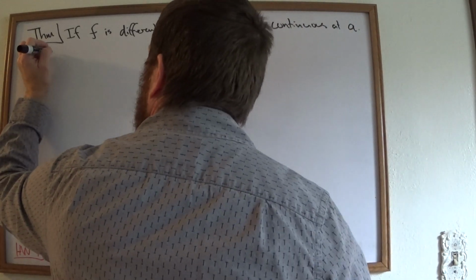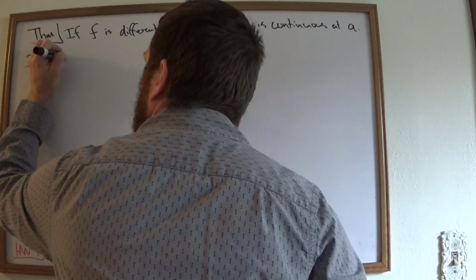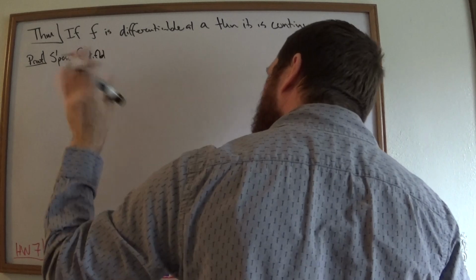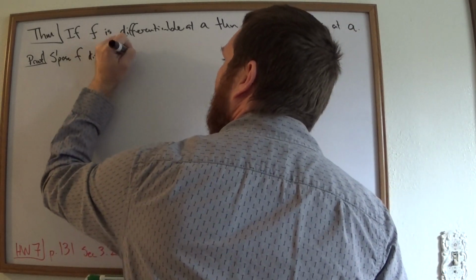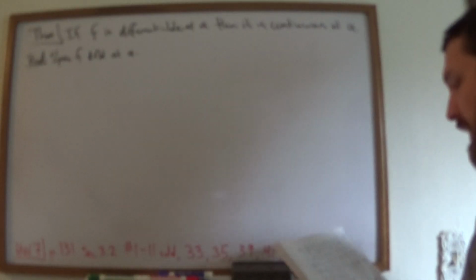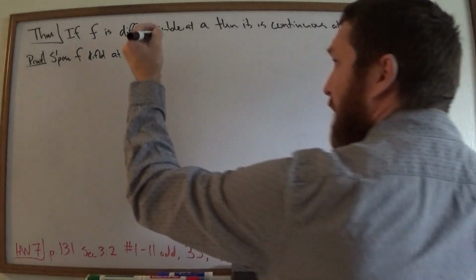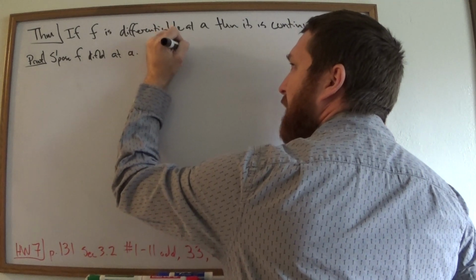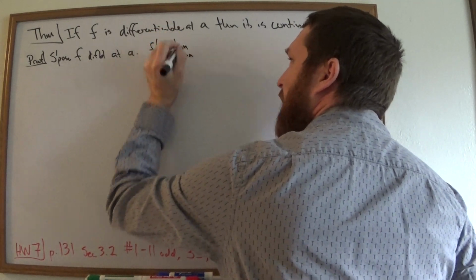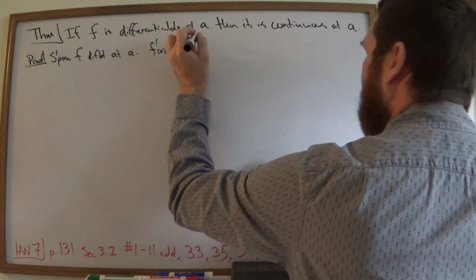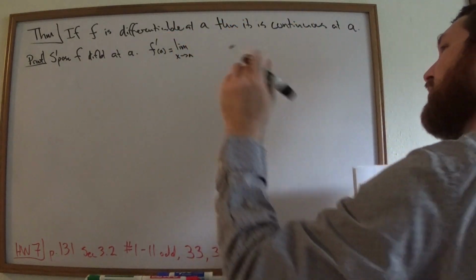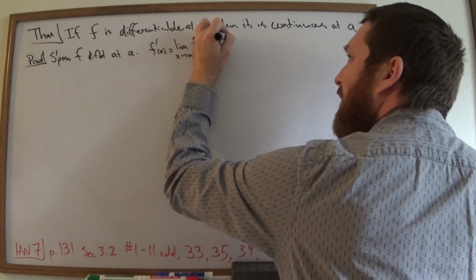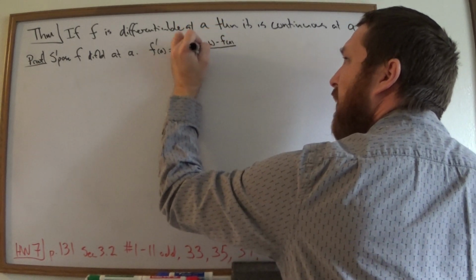Suppose f is differentiable at some number a. Then by definition, that means that f prime of a is the limit as h goes to 0 of f of a plus h minus f of a, all over h.